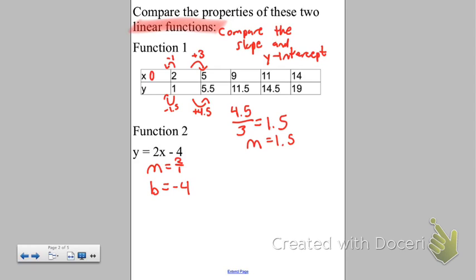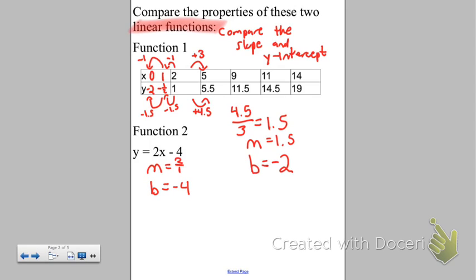I'm going to subtract 1.5 in my y. 1 minus 1.5 gives me negative 1/2. I still have to move back one more time, so I'm going to subtract 1 again. That means I'm going to subtract 1.5 again. When I do negative 1/2 minus 1.5, my y value is negative 2. So my b value, or my y-intercept, would be negative 2.